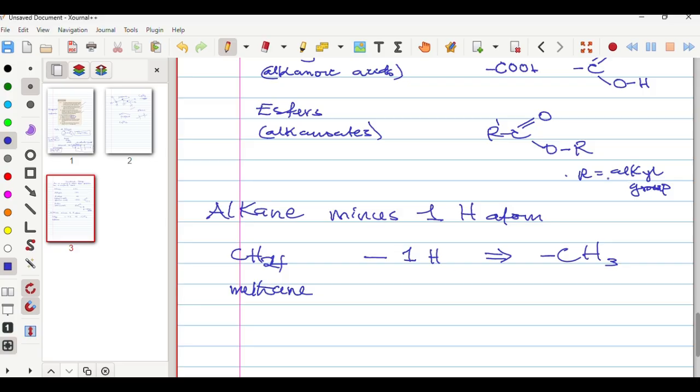If I want to generate an alkyl group from ethane, ethane is C2H6. So what will be the alkyl group for ethane? What's going to be the structure?